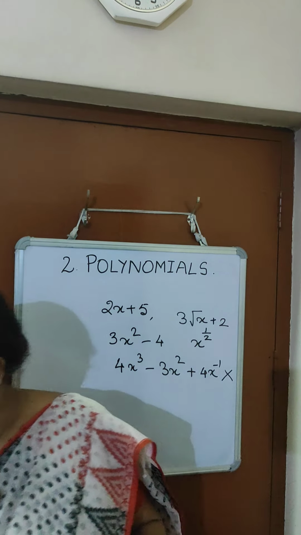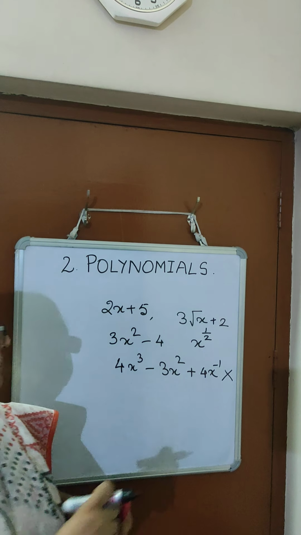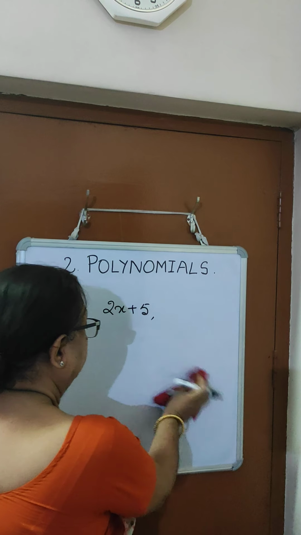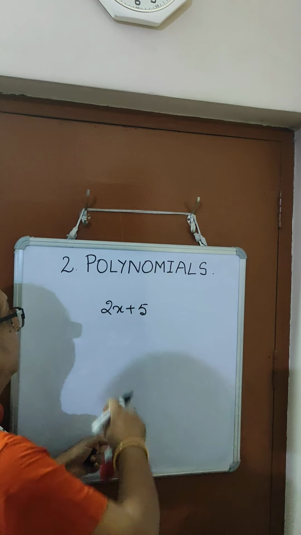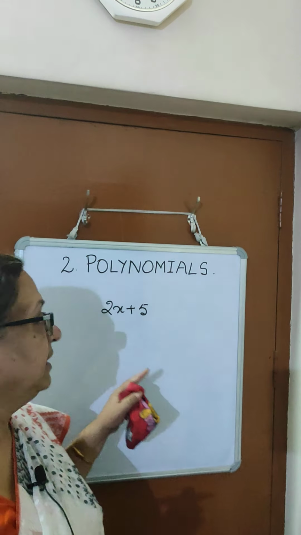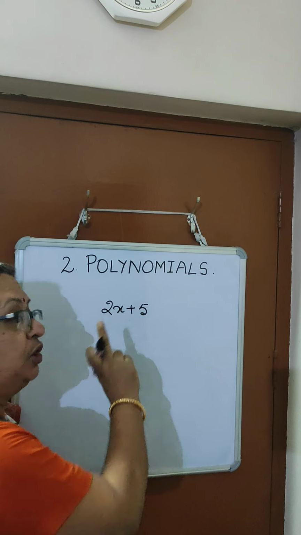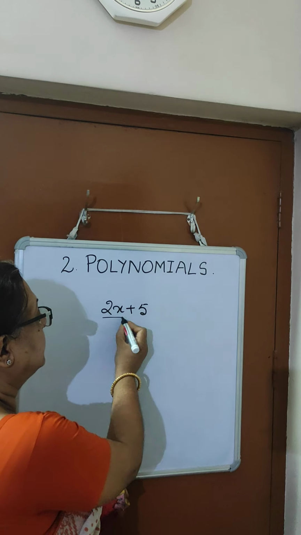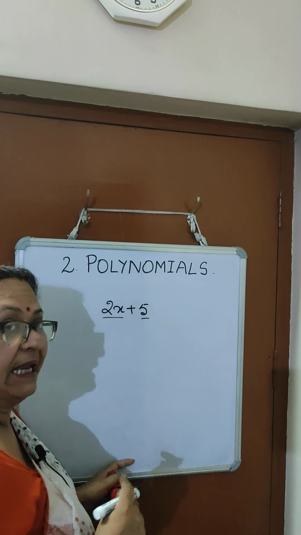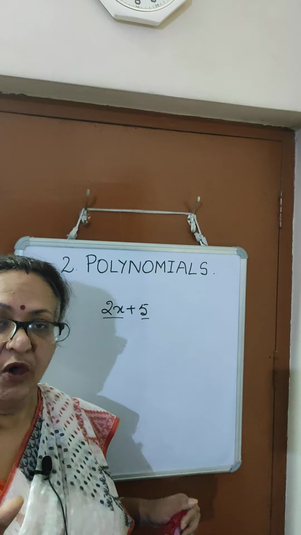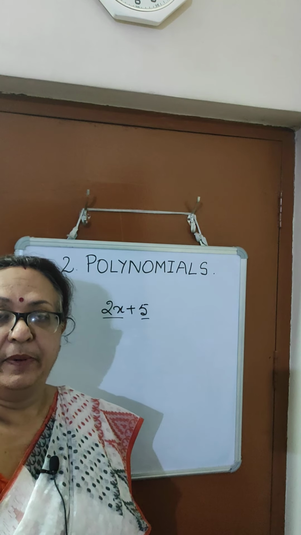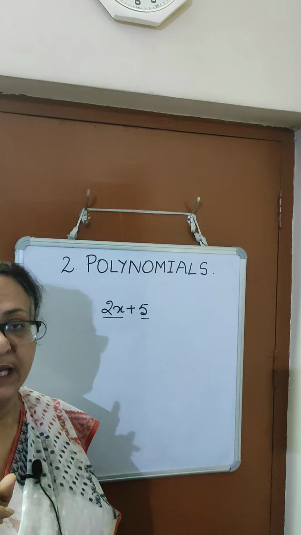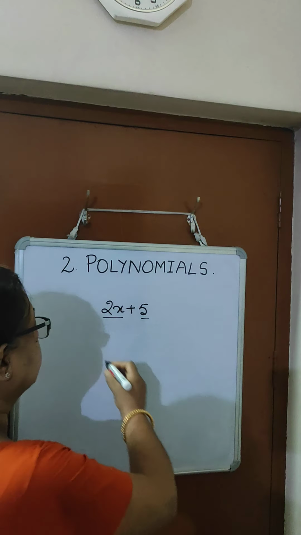Now again see here, suppose we take this one. For this we have two terms. Which are the two terms? This is the first term, this is the second term. So in a polynomial, the terms are separated by either plus or minus sign. Let's take another example.